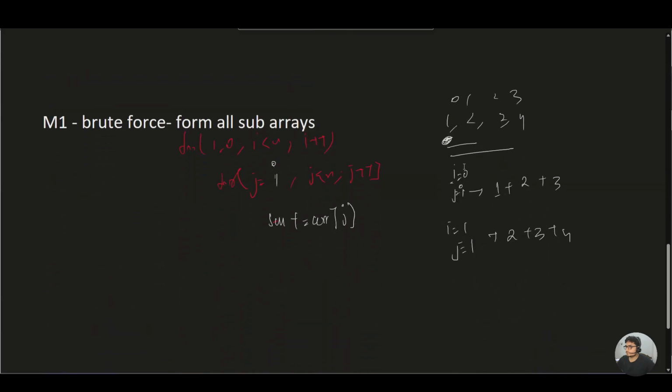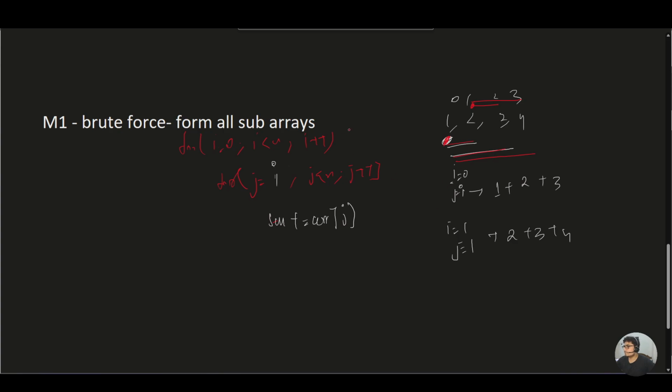So what would be the brute force technique? You form all the possible subarrays. What do we mean when we say subarray? We start from 1, then 1 comma 2, then 1 comma 2 comma 3, then 1 comma 2 comma 3 comma 4. Similarly, at the next iteration we start from 2, then 2 comma 3, and then 2 comma 3 comma 4.